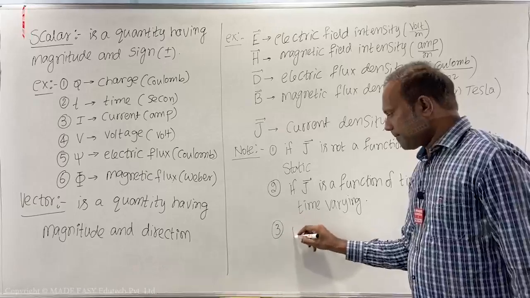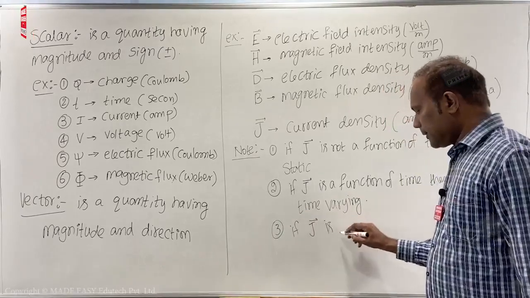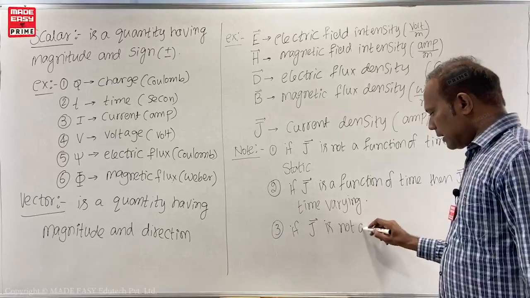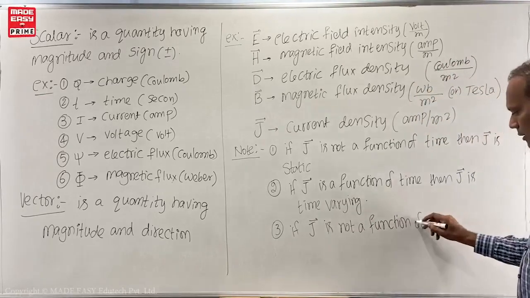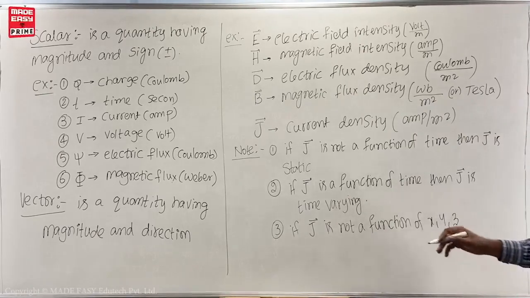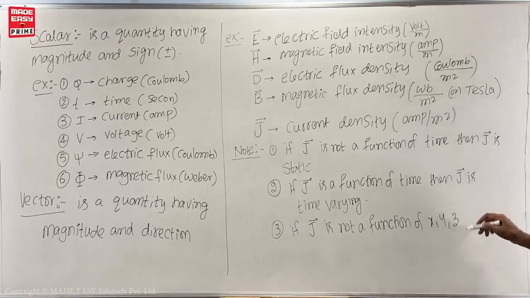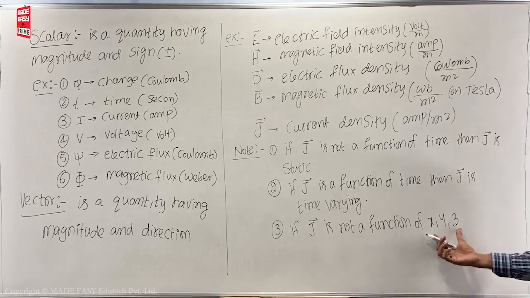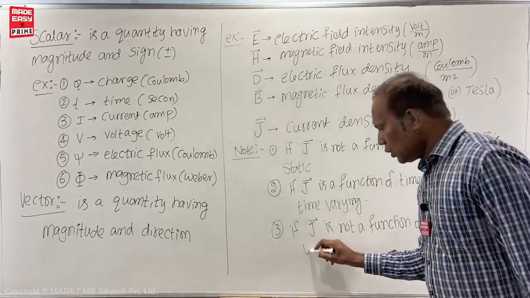Third one, if J bar is not a function of x, y, z, like rho, phi, z, like r, theta, phi, it is not a function of x, y, z, rho, phi, z, r, theta, phi. Of course, we are talking in a rectangular system. Then J bar is uniform.